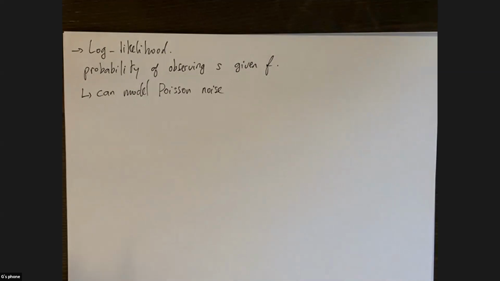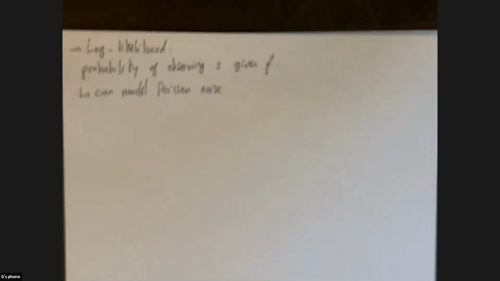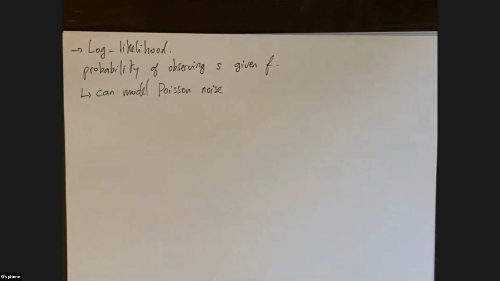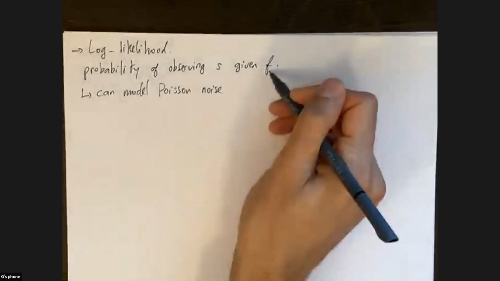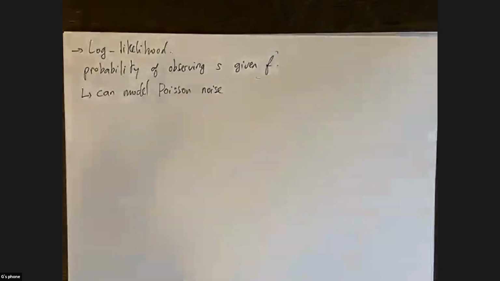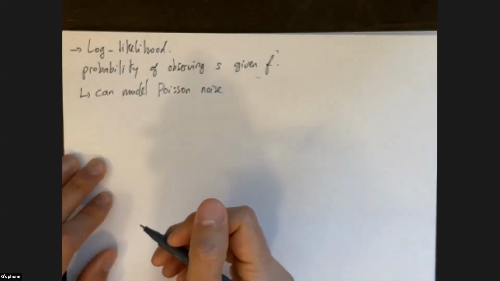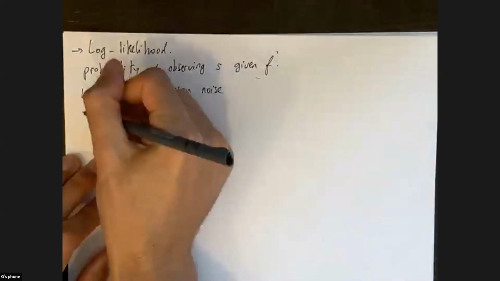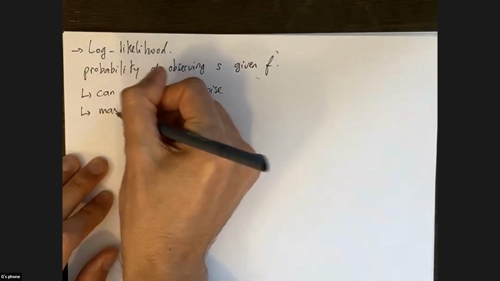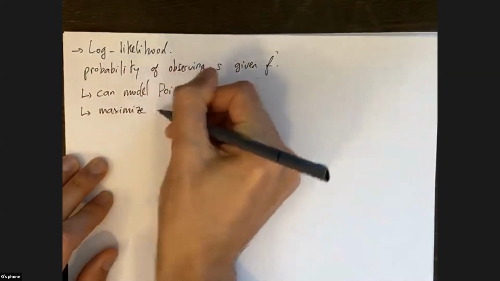The advantage of this log likelihood distance, which is based on a statistical consideration, is that we can model Poisson noise, and it will give us an image F that's optimal in terms of the statistical noise. So we can model Poisson noise, and what we want to do is maximize the log likelihood.